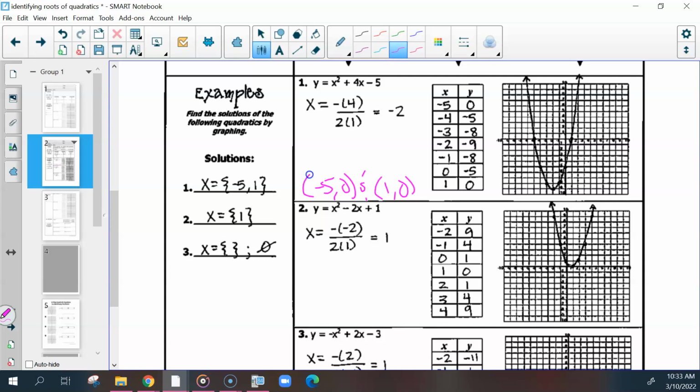If you don't have the solution, maybe your graph was drawn incorrectly, so you would need to go back and fix that at a later time, not at this moment. So number 1 had 2 solutions, negative 5 and 1. Questions on number 1?